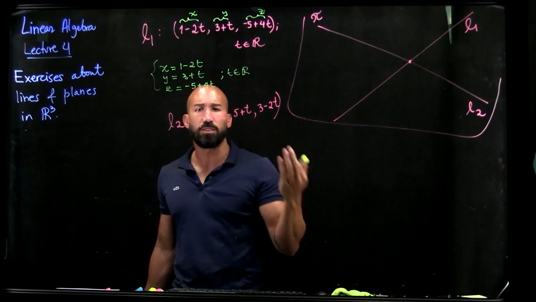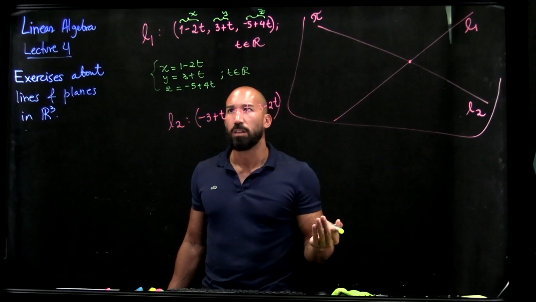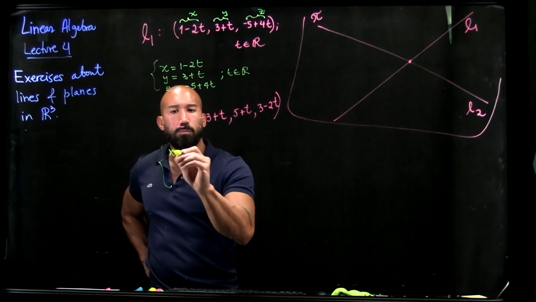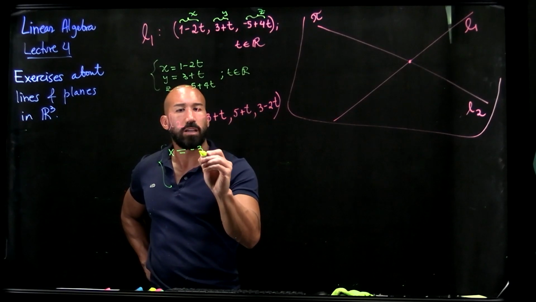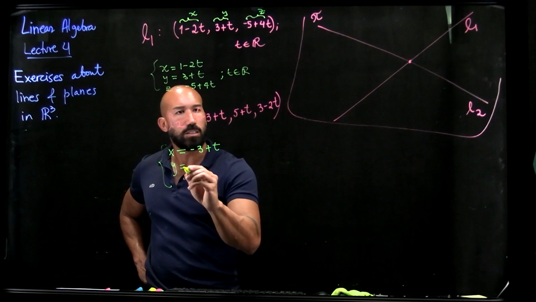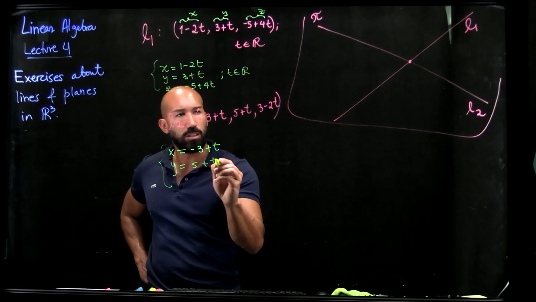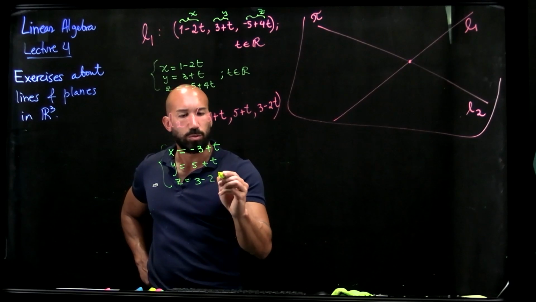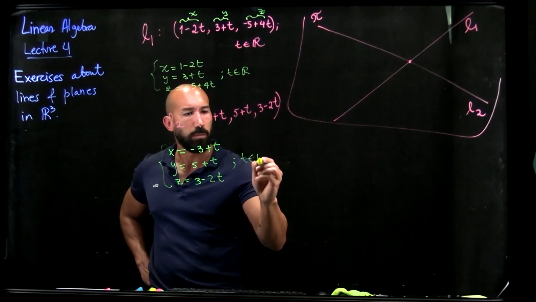Okay, how can we find the intersection of these two lines? Well, I will write the second equation the same way. x is equal to minus 3 plus t, y is equal to 5 plus t, and z is equal to 3 minus 2t, and t is a real parameter as well.